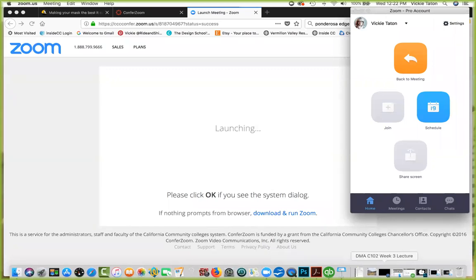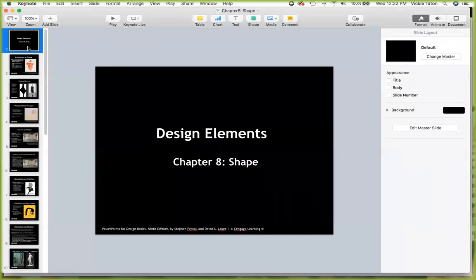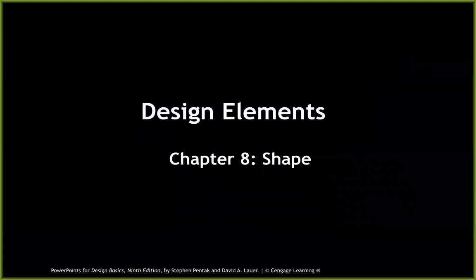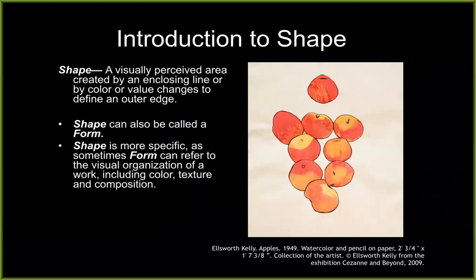And we're going to move on to shape. So we talked about it earlier in the last chapter that when lines are closed, and they don't even have to be fully enclosed, but lines form shapes.